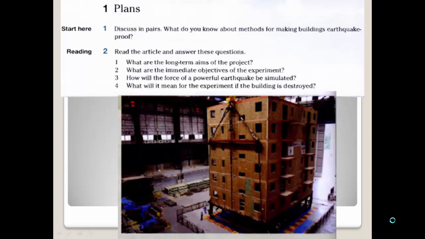Second, what are the immediate objectives of the experiment? Third, how will the force of a powerful earthquake be simulated? And fourth, what will it mean for the experiment if the building is destroyed? The picture illustrates an earthquake-proof building. In this way, they try to check whether it is resistant or not.